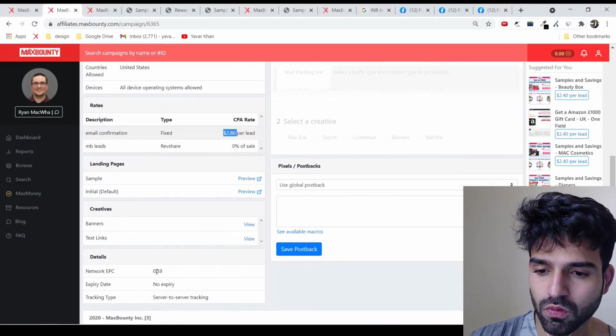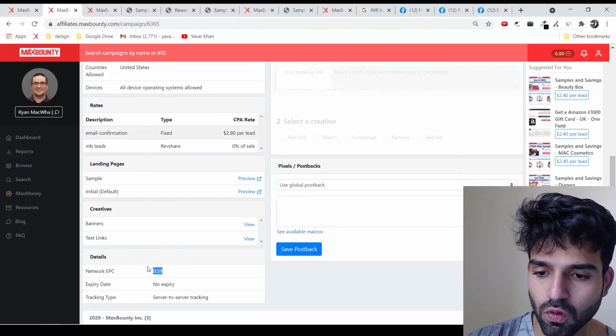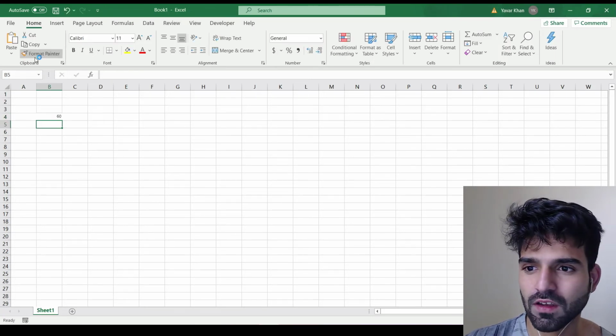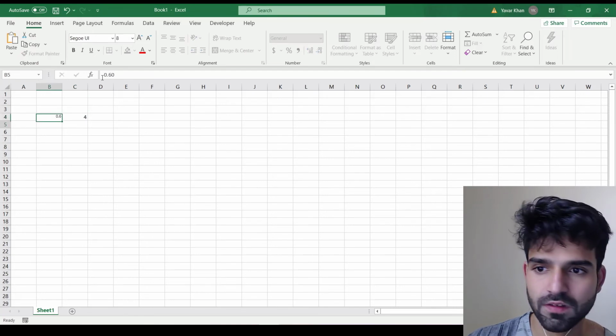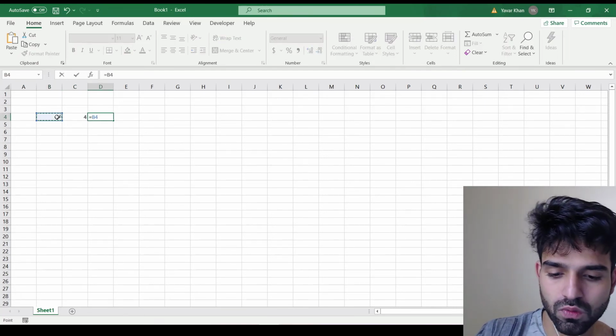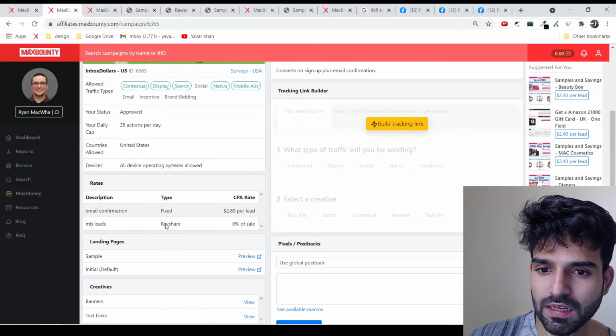EPC means earning per click. So you don't have to spend more than 60 cents. Imagine even with 3 clicks you get 0.60, even with 4 clicks.